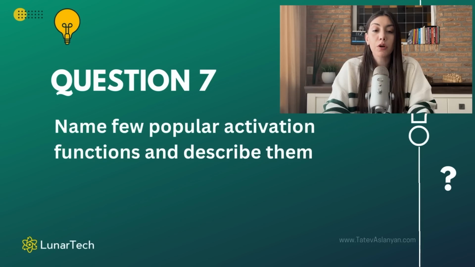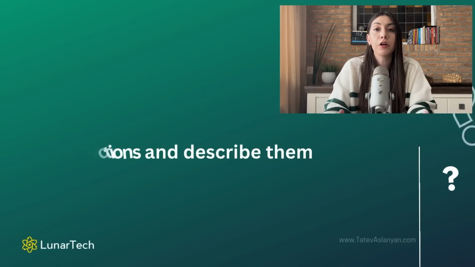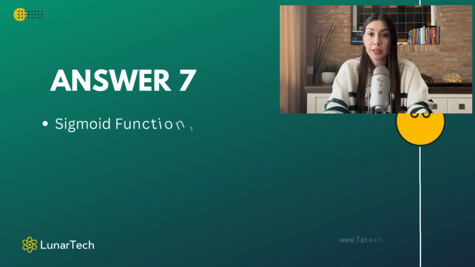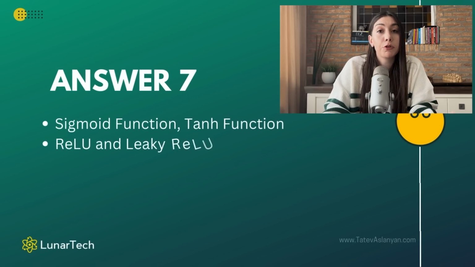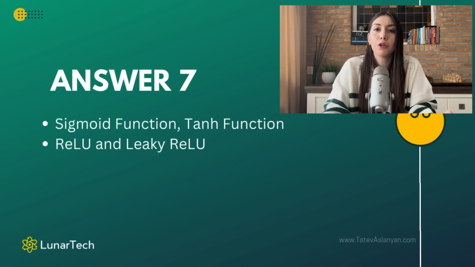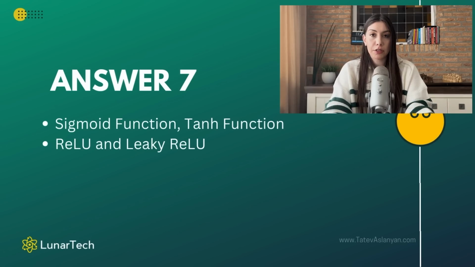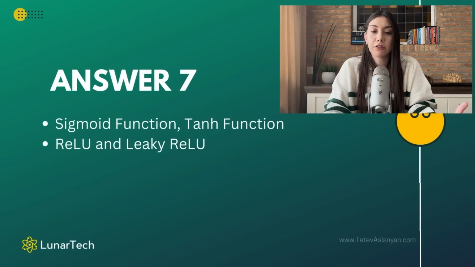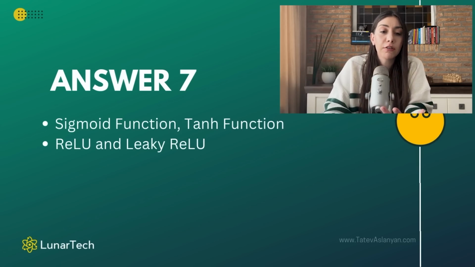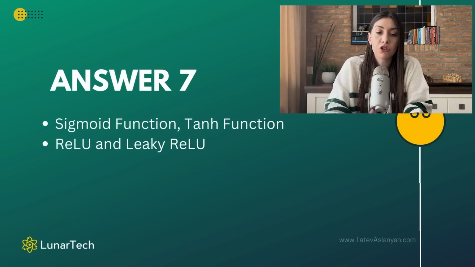But in this case, I will provide you all four popular activation functions largely used in the industry, and then it will be up to you to decide which one you will give as an example. I tend to make this categorization: the sigmoid activation function, the tanh activation function, the rectifier linear unit, or ReLU, activation function, and the leaky ReLU activation function.